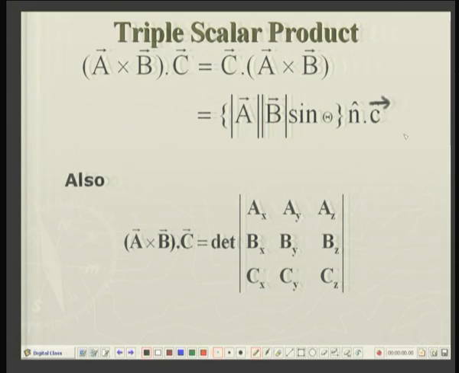So, this is the final expression for this triple scalar product, and in the determinant form you can easily check that this will be equivalent to the determinant of the matrix consisting of the three vectors A, B, C. The first row is Ax, Ay, Az, that is the three components of vector A. The second row is the three components of vector B, and the third row is the three components of vector C.